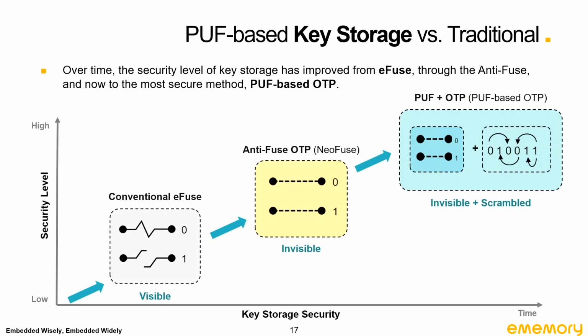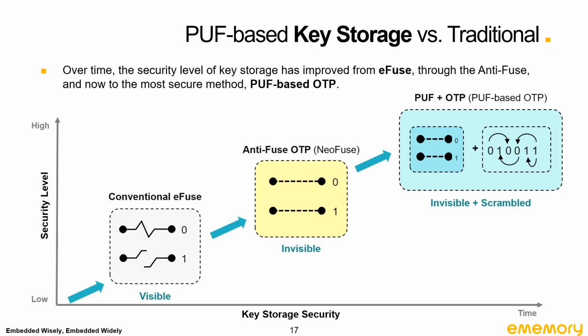Our PUF-based OTP helps the industry migrate to a very high-level security regime by improving the security of key storage and key generation. Conventional key storage using eFuse is not very secure because of the following two reasons.